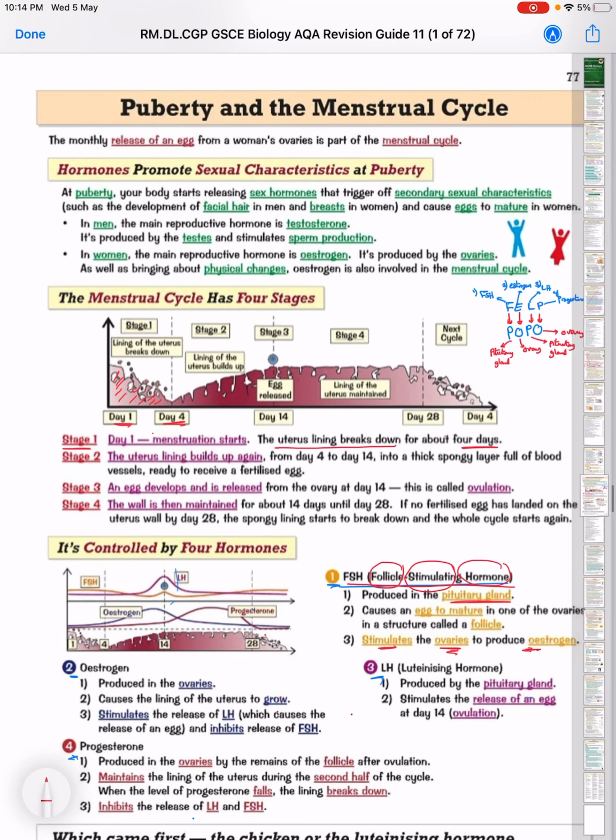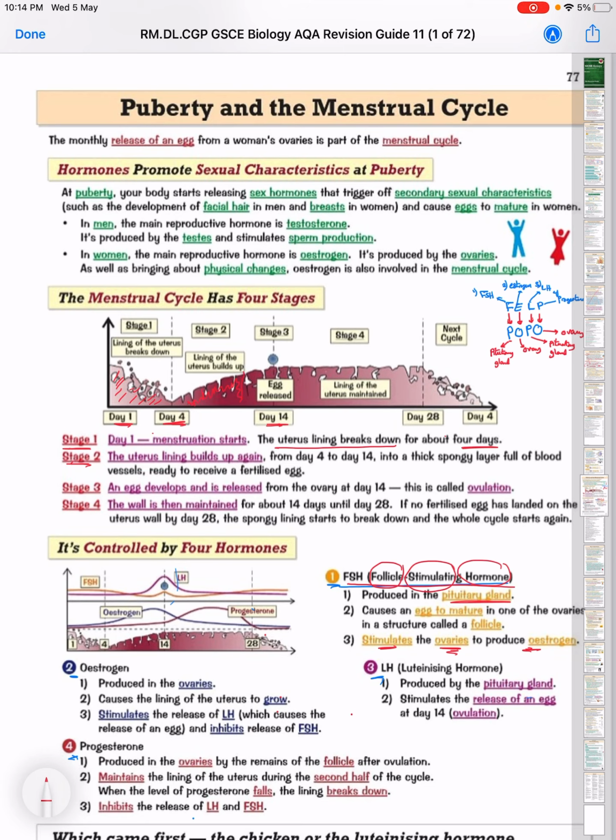Okay. Now, this will bring me to stage 2, which is between day 4 and day 14. As you see here, between day 4 to 14, the lining of the uterus starts to build up. More cells start to grow. Okay, this is stimulated by the effect of estrogen.